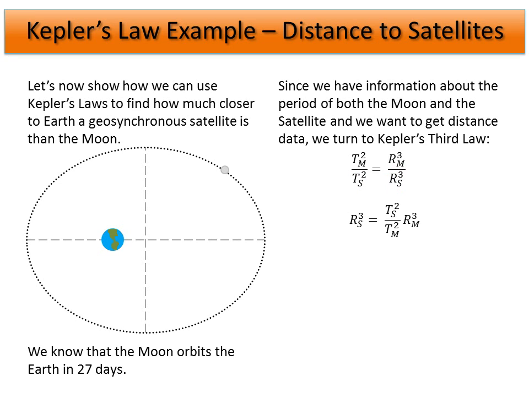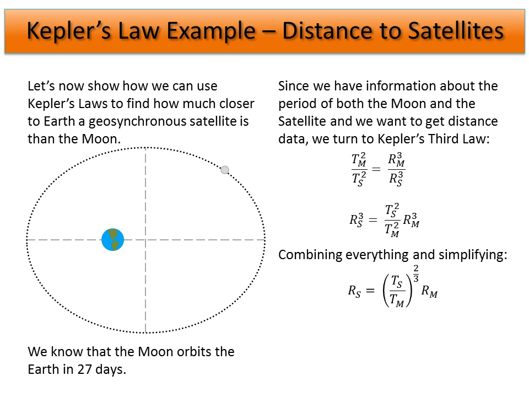So I start substituting in numbers. Actually, I start simplifying first. I want to figure out what is the radius that this satellite is away. Well, I look at the period of the satellite, I look at the period of the moon, and the radius of the moon, and I substitute in, combining, pretty straightforward.